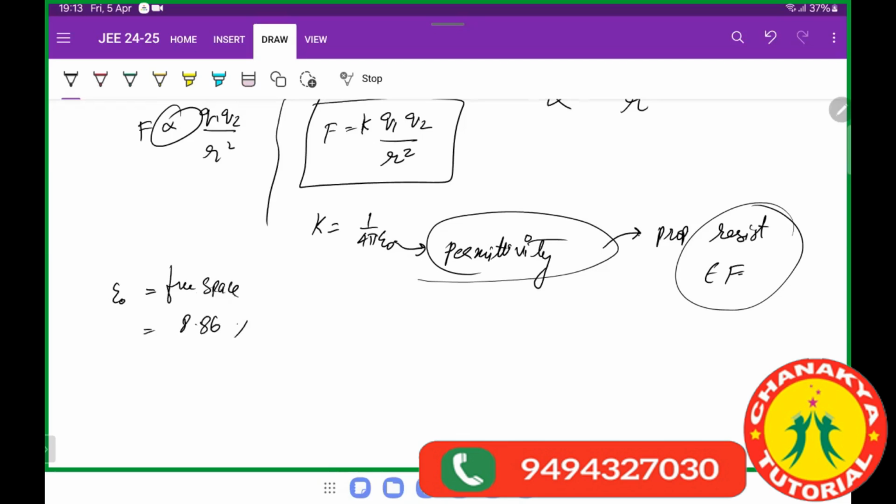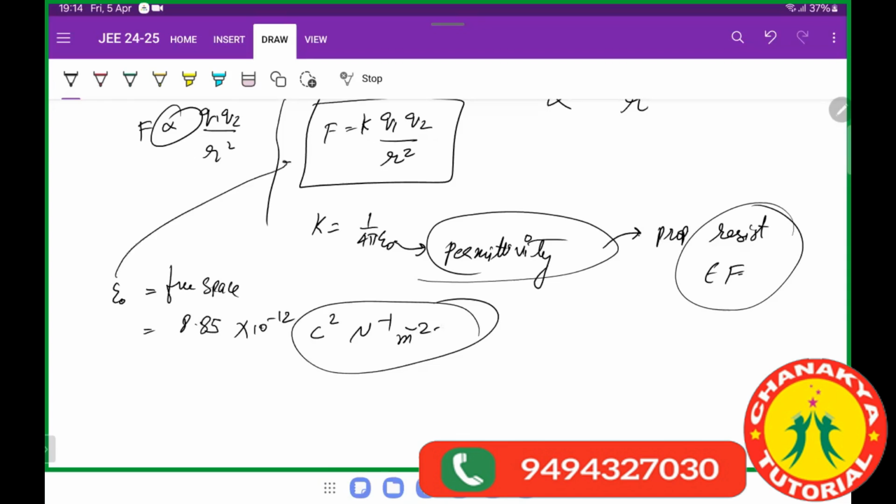Permittivity is 8.86 or 8.85 into 10 to the power minus 12 coulomb square per newton meter square. Now, how did we get this unit? By this formula, F equals 1 by 4 pi epsilon naught, q1 q2 by r square.